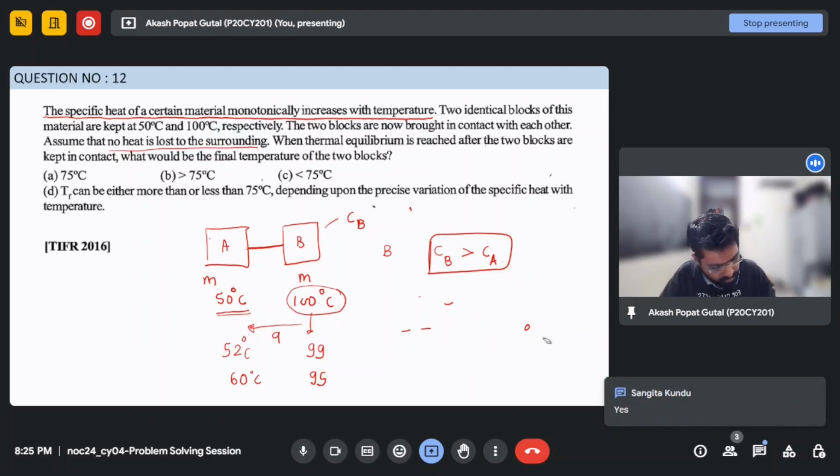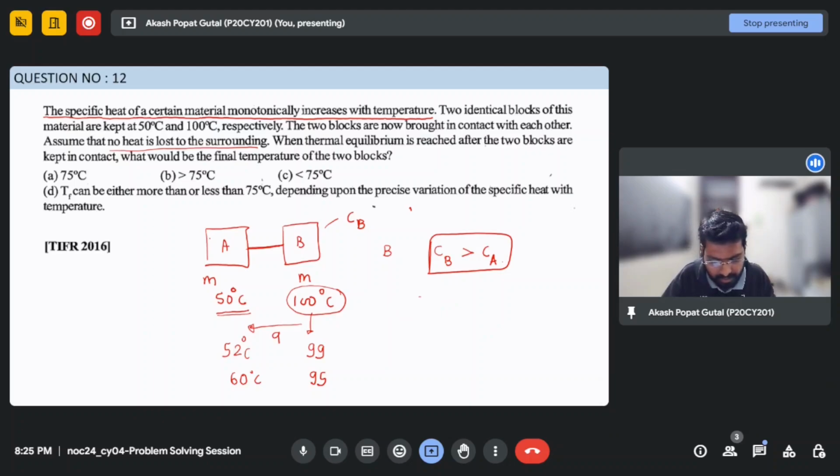We have been told in the first line that the specific heat of the material monotonically increases. Suppose we have a certain arbitrary function of specific heat C with the temperature. Certain arbitrary increasing function.